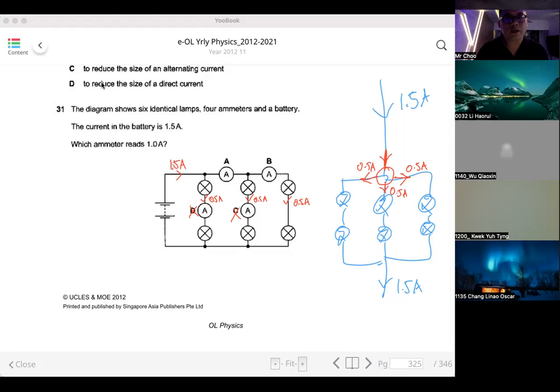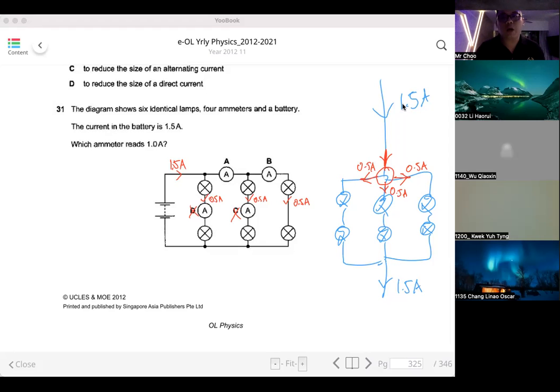Oscar, you were confused and became enlightened. Are you clear about this? Why did I redraw the thing? Because what I drew just now is not the same as this. But what you all need to know is the three branches here. Ignore the ammeter, it's just confusing. The three branches will have 0.5 ampere because the load of each branch is the same.